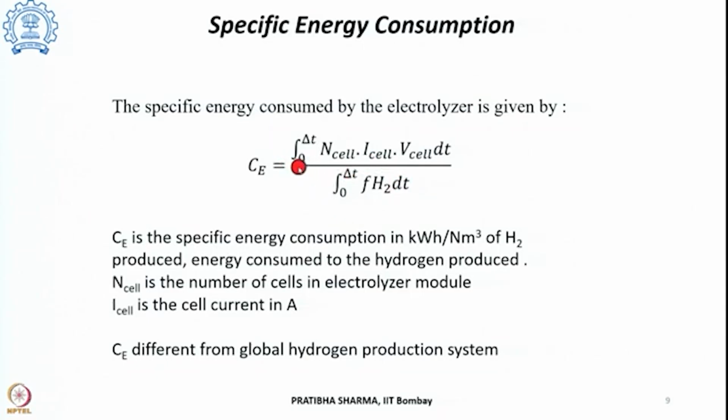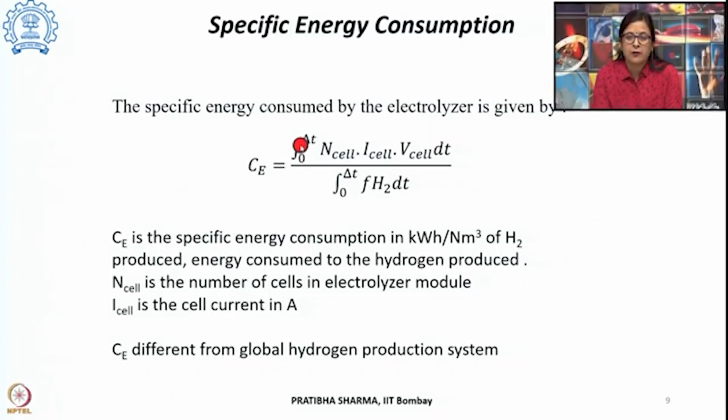This is an integral over a period of time of the product of N cell, the number of cells in the electrolysis stack, the current flowing through each cell, and the voltage of the cell, integrated over a period of time from 0 to delta t, and during the same time the amount of hydrogen produced is in the denominator.